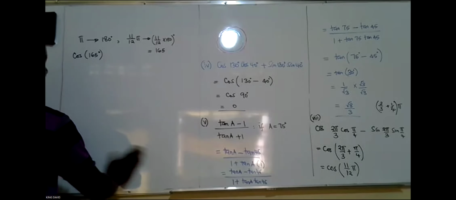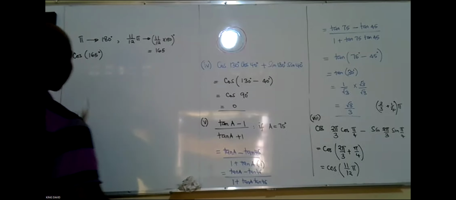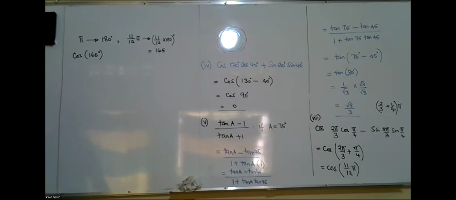So if we can't get this from special angles, then probably we can express it as a sum or a difference of two special angles.